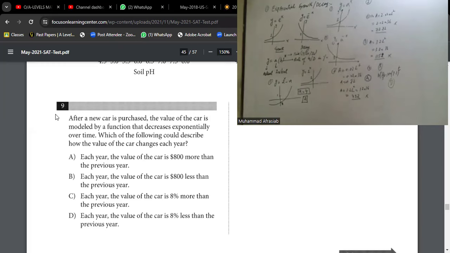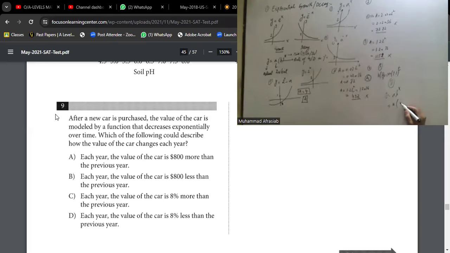Answer C. Each year, the value of this car is 8% more than the previous year, which is wrong because it is not more, it is decreased. Part D. Each year, the value of this car is 8% less than the previous year. So that is the right choice because it is a decrease in the exponential part. We can write y is equal to a into b power x, where a is the initial value of that car.